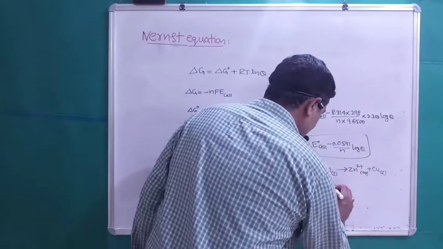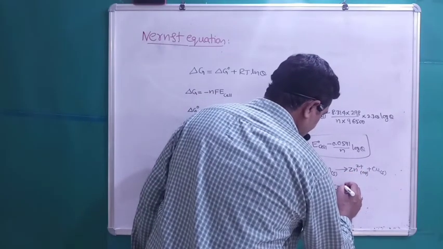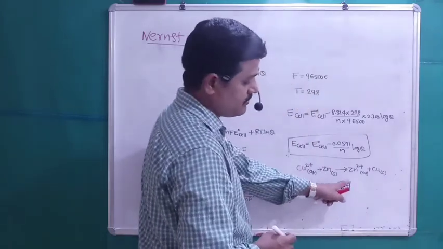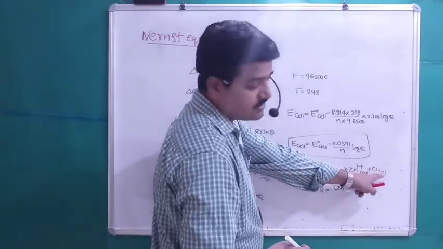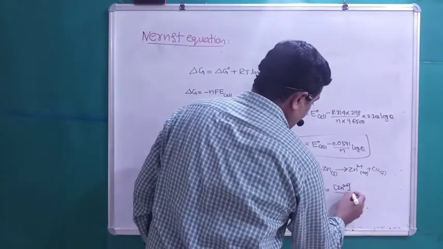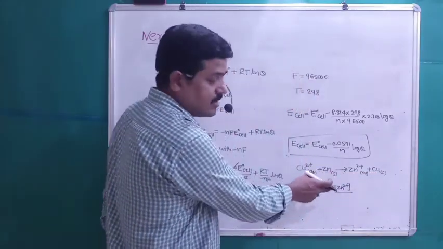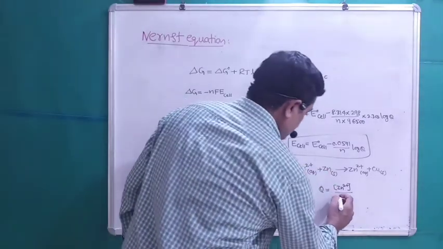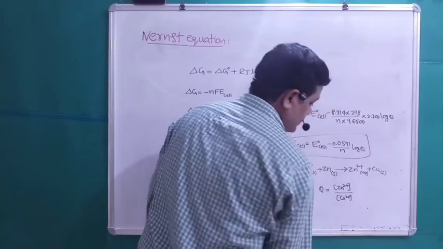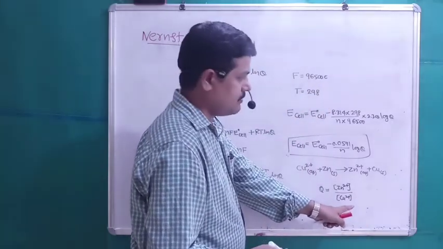Here the active mass of Zn2+ is included in square brackets. Cu is a solid, so its active mass is 1. Divided by, here Zn is a solid, active mass is 1. So the remaining term is Cu2+, which is included in square brackets.